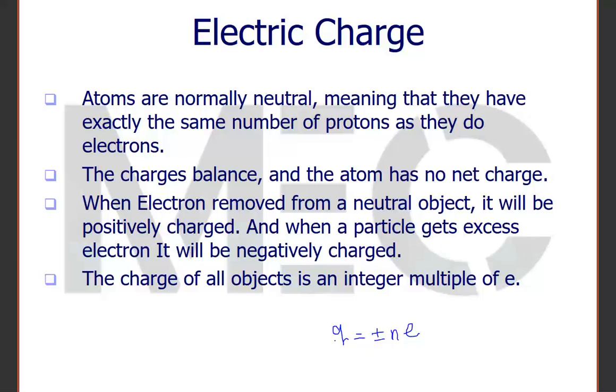Q is the charge of an object; usually charge is denoted by Q. N is an integer and e is the charge of the electron. So the charge of every object is an integer multiple of the electron charge. We cannot have an object with 2.5 electrons gained or lost.